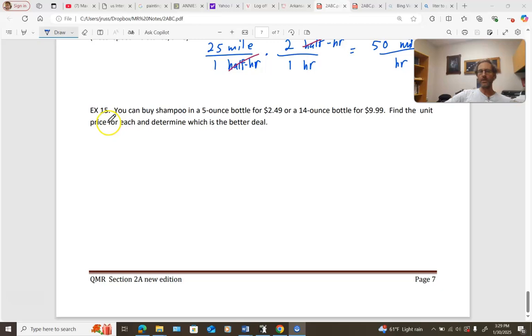So it says find the unit price for each and determine which is the better deal. Okay? Well, you can only determine which is the better deal by finding the unit price. If you could determine how much per ounce each of these items is, then you could compare the two and figure out which one's the better deal.